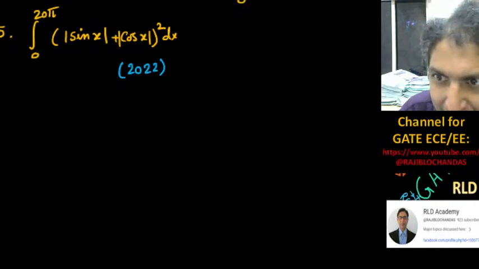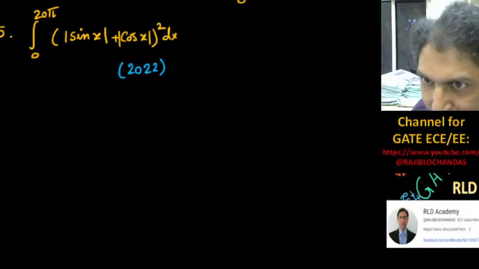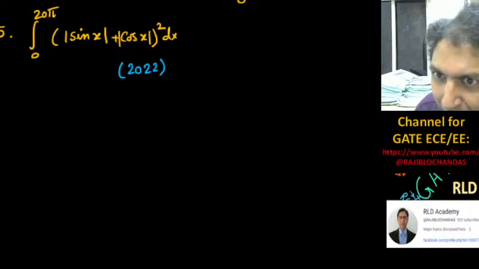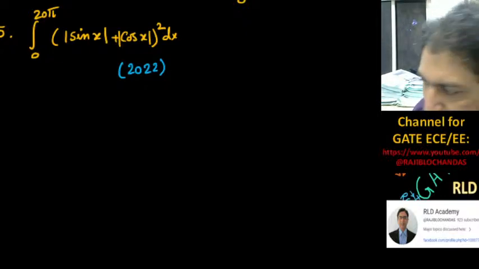This is mod of sin x plus mod of cos x, that square terms incoming. And already I have said that mod of sin x and mod of cos x are two periodic functions and period is pi.